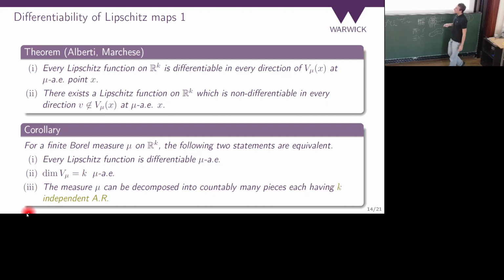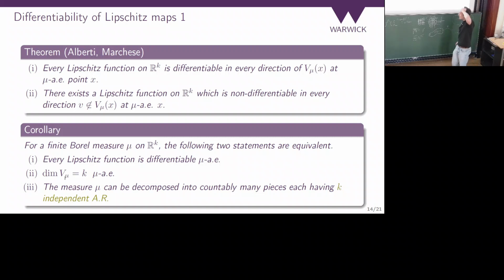And you can quite easily show that this is equivalent to being able to decompose mu into countably many pieces, and each of them has scale-independent Alberti representations. So you in particular characterize for which measures you have Rademacher's theorem, for which measures you can differentiate almost everywhere. As such, it's not particularly useful because neither of those is a very nice condition.